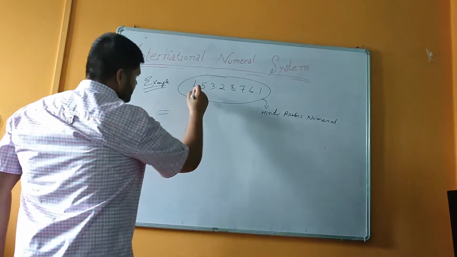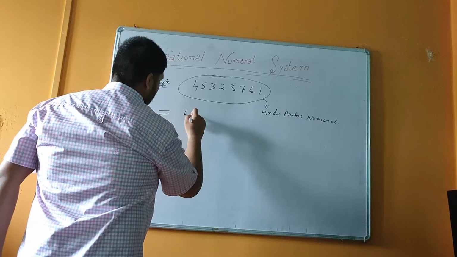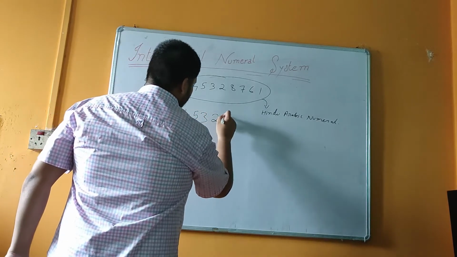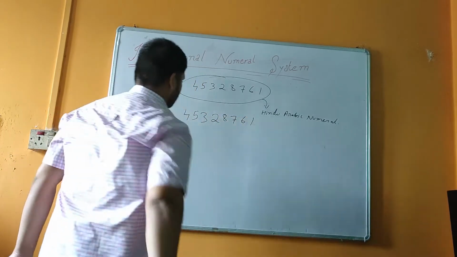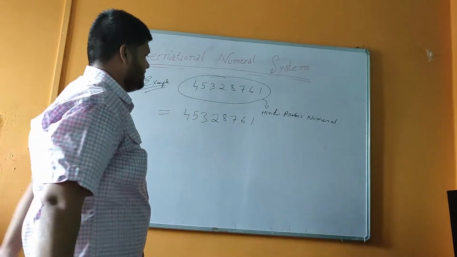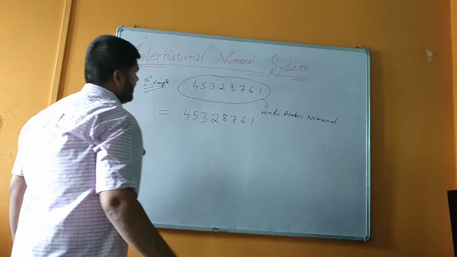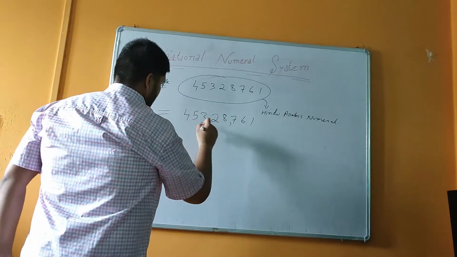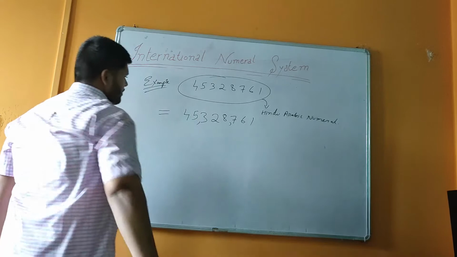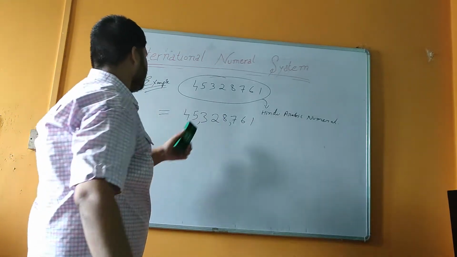So how will you do it? You will write the number as it is, first of all: 4532876. So I have written the same number over here. Now if you separate three digits by a comma, then it will do our work. Okay, three digits have been separated by a comma.